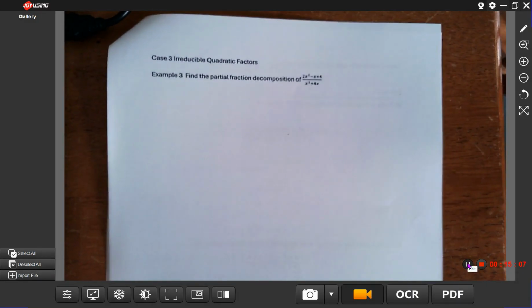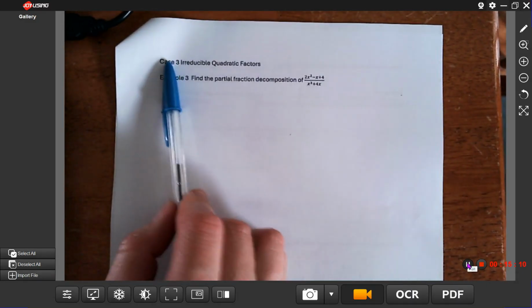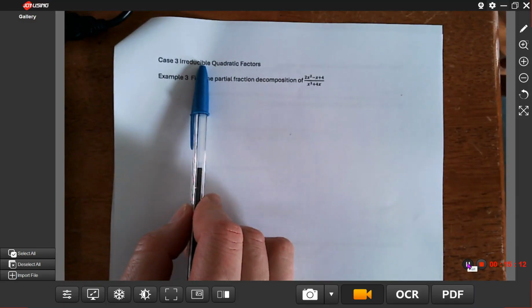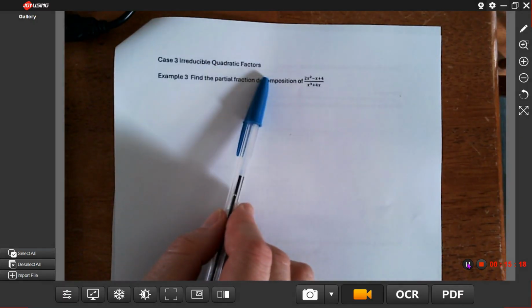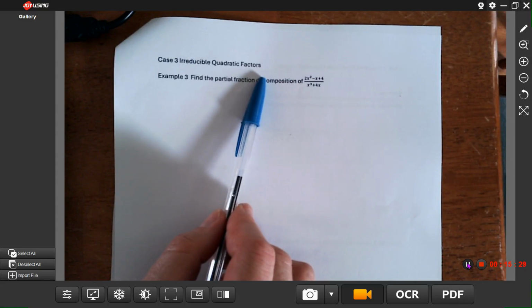Turn the page and we're going to work on another case. So again, we're looking at the denominator, and this one is going to have an irreducible quadratic factor. You remember from factoring polynomials that it is possible for the fully factored form of a polynomial to have one or more irreducible quadratic factors, meaning it doesn't factor into more linear factors.